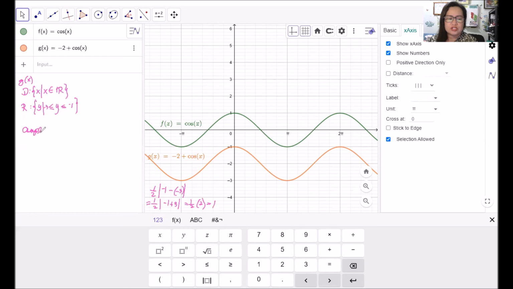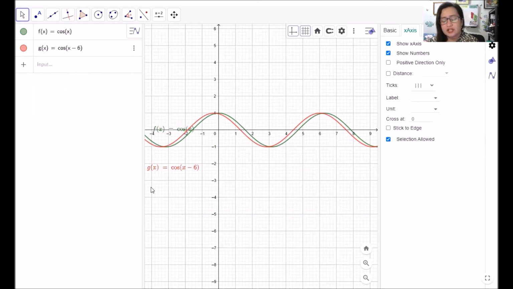Amplitude is still equal to 1. What about the period? The period is still the same, which is 2 pi. We will have one complete cycle up to this, so this will be 2 pi. Of course, the frequency is the same.